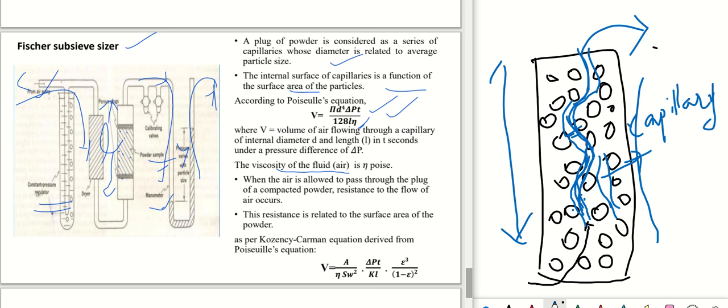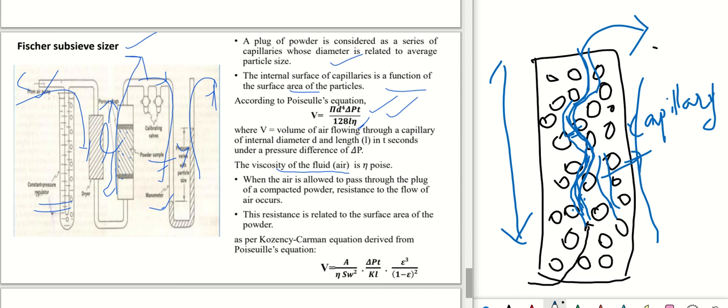When the air is allowed to pass through this plug of compacted powder, some resistance will be seen because of the compaction, because of the obstruction created by the powder particles. From this resistance we need to calculate our surface area.